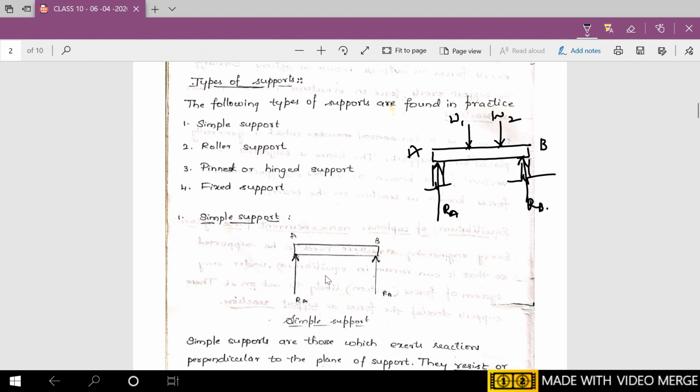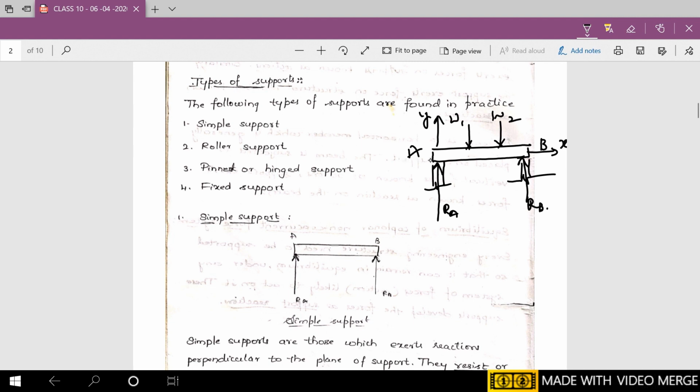For example, a member or beam is simply placed. Since it is supported here, it cannot move in the y direction. I'll take the axes: this is x, and since I'm drawing this as a 2D structure, this is y. Along the y direction it cannot move. Why? Because it is supported by the column.